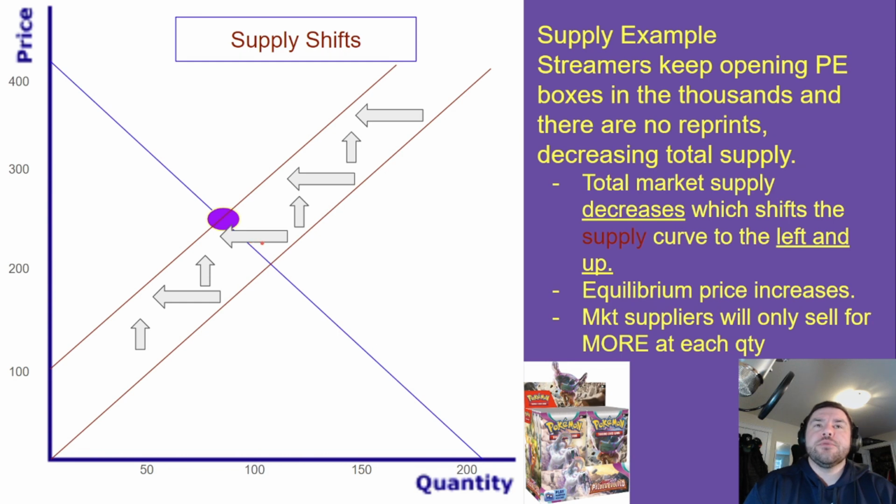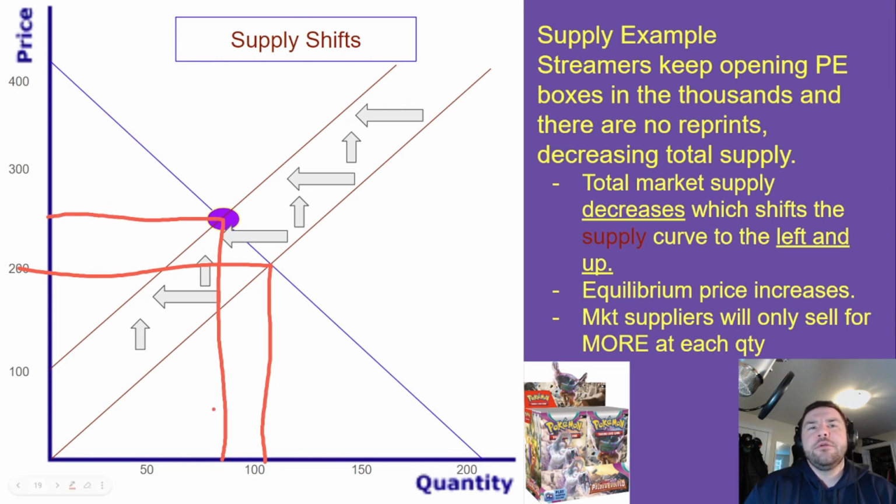Well, that means we're going to shift our supply curve to the left and up. And that results in higher price, lower quantity. So we're gaining this and losing this.